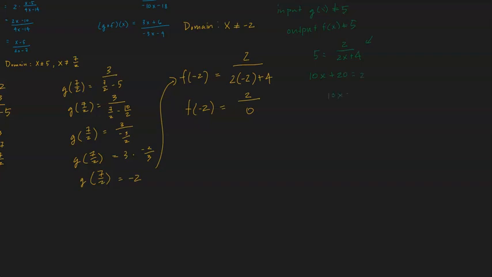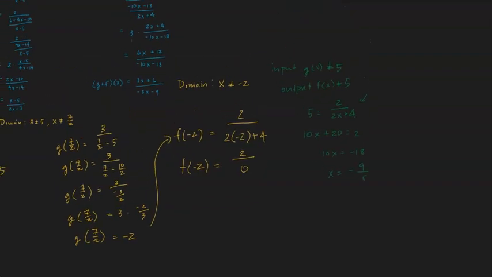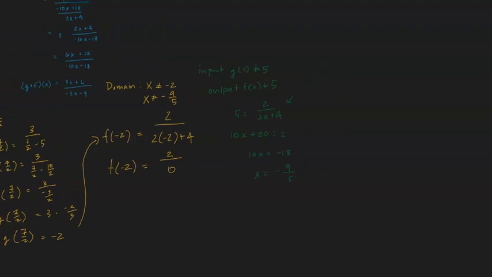So that's 10x equals negative 18, and x equals negative 9 over 5. Okay, so that means that the other domain restriction is x cannot be equal to negative 9 over 5.